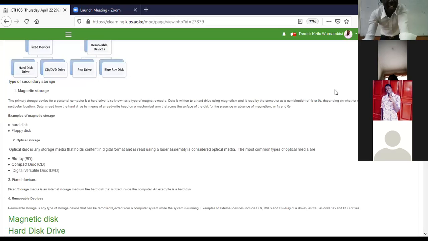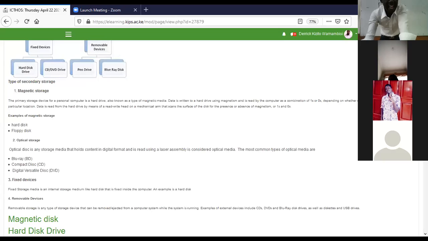So this is an example of a diagram of a hard disk. The hard disk of a computer looks like that. It has those components. We have two images of a hard disk, but you cannot be asked to draw. Even so, you could be asked to name those parts. Those are parts. Someone doing ICT as a course can be asked to search. But I want us to see the components of the hard disk.